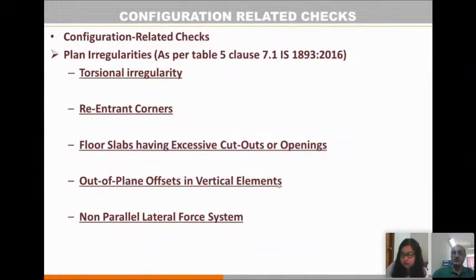Once you do the modeling properly, in case of a masonry building, you need to carry out a non-linear response spectrum analysis or a response spectrum analysis, in which you need to carry out the configuration related checks in terms of Table 5 of IS 1893-2016, that is torsional irregularity, re-entrant corners, floor slab with excessive cutouts, out of plane offsets and non-parallel walls checks.